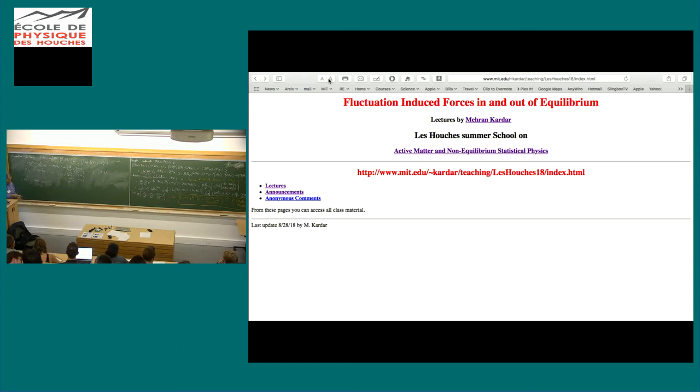Okay? So once we have done that, we get that the potential as a function of the distance between 2 points is kT over 2 log of 1 minus a over the distance squared, which for large distances essentially becomes minus kT over 2 a over r squared.